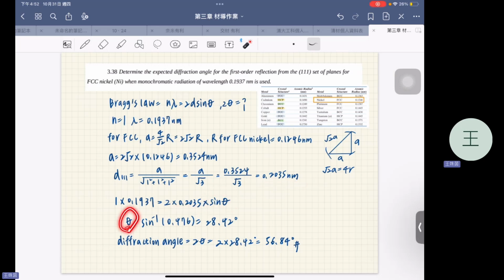So you can use arcsine to get theta equals 28.46 degrees. The diffraction angle equals 2 theta. This is fixed: the diffraction angle always equals 2 theta. So 2 times 28.42 equals 56.84. This is the final answer.